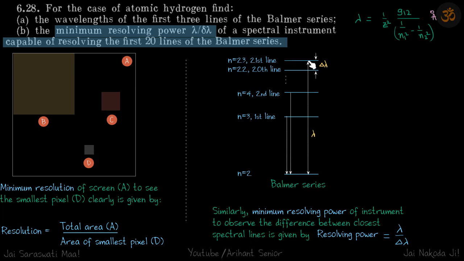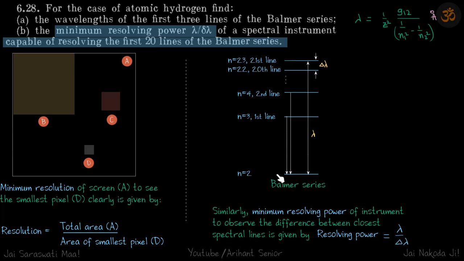So here also we need to see this gap clearly. So the resolution, or in this case the resolving power of the instrument, should be lambda divided by this very small gap delta lambda. So let's read once. Similar to this, minimum resolving power of instrument to observe the difference between closest spectral lines is given by resolving power equal to lambda by delta lambda.